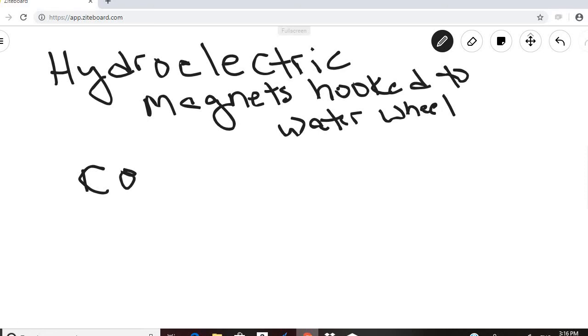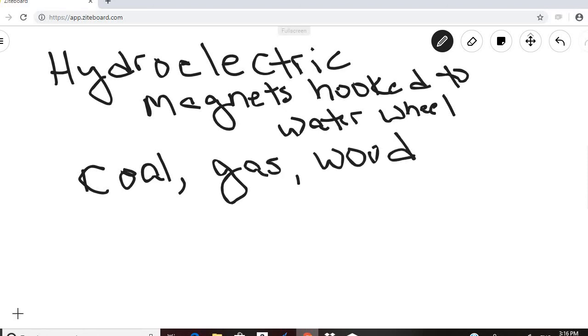If we look at things like coal or gas or wood, in these cases, all of these are used to boil water.